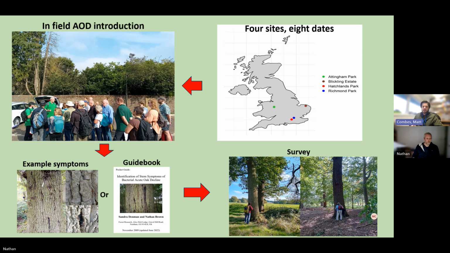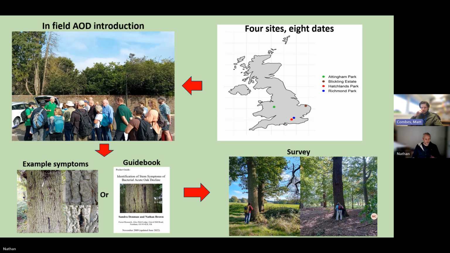He knows the trees as well as anyone can, and where they have symptoms and don't, from repeated surveys. On these sites, as you remember, we all had our introduction to acute oak decline, and we went through the booklet and the guidebook.